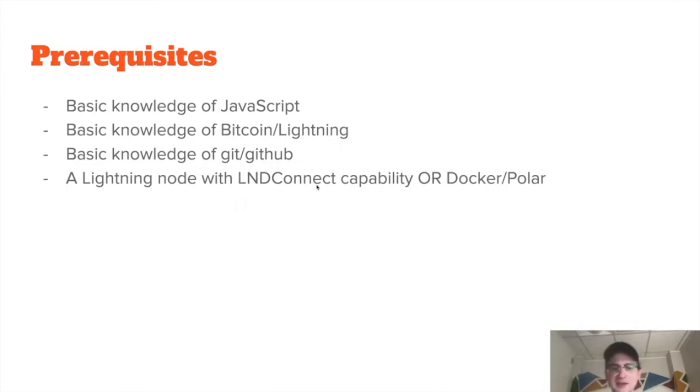So basically we need a Lightning node, and we need one that has this LND Connect capability, which is the ability to take all of the connection information and permissions information and turn it into a URL for you. It's just an easy method for connecting an app to your Lightning node in a secure, standardized manner. So that will be a requirement here.